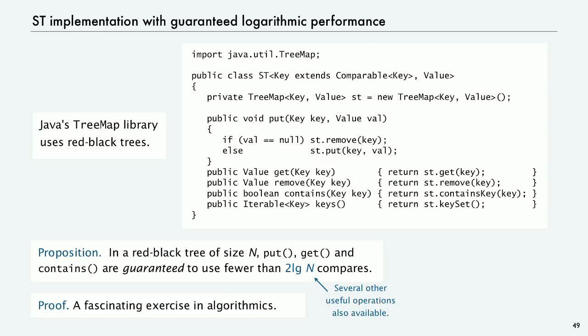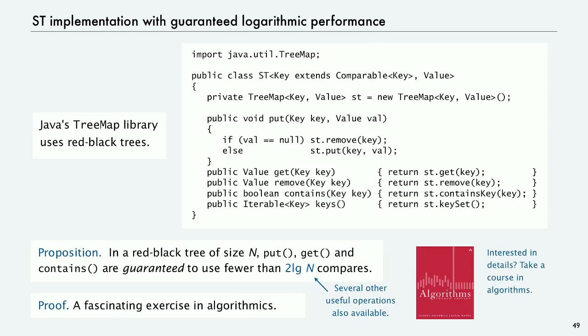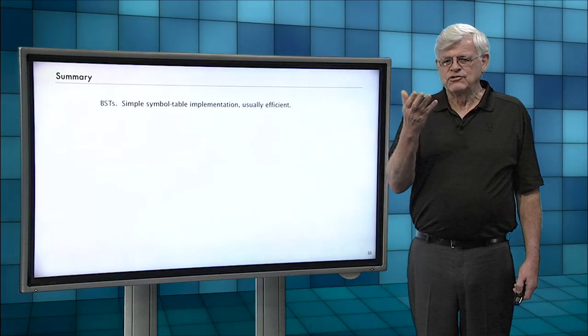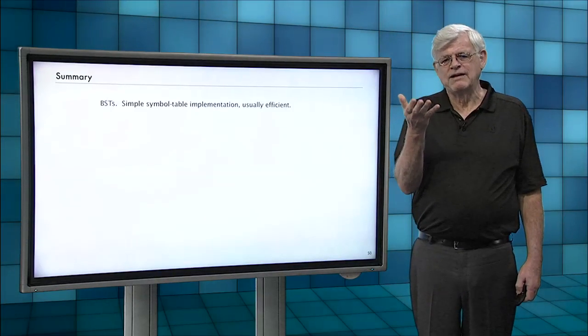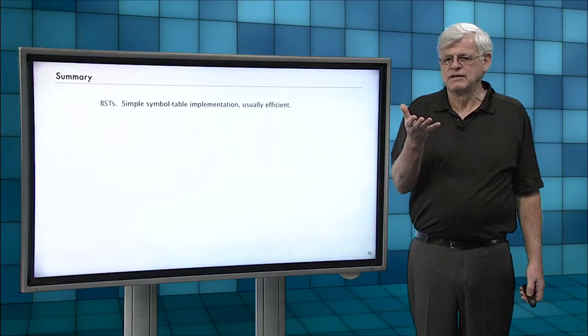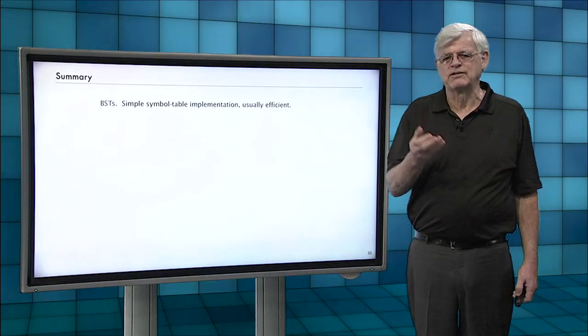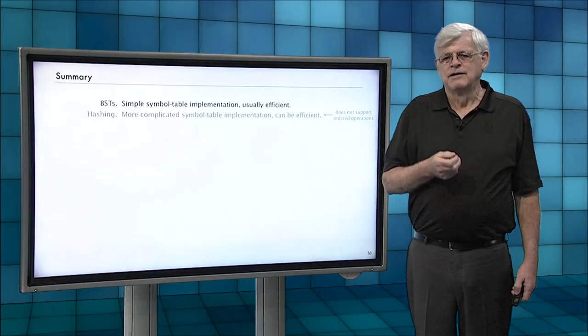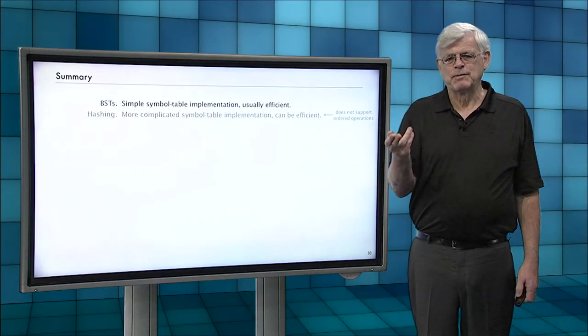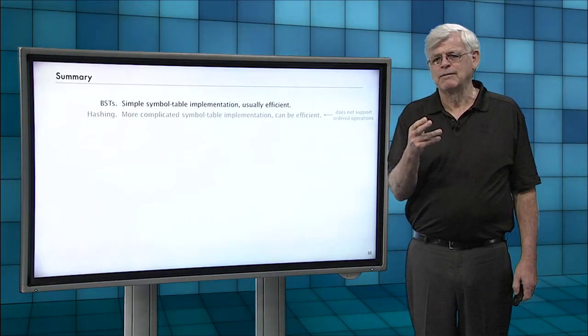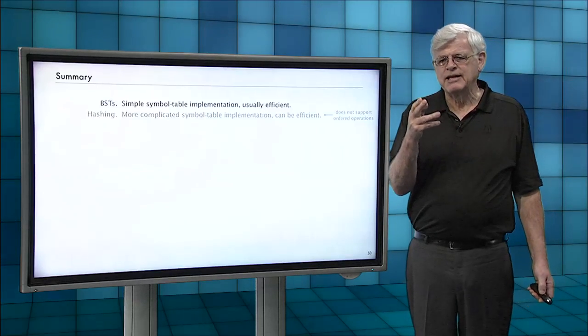So proving this is definitely stuff for an algorithms course, and you'll certainly learn that if you take an algorithms course. But our summary is, we have with BSTs a pretty simple symbol table implementation that's usually efficient. There's an alternative that we haven't talked about called hashing, which is a bit more complicated, and it can be efficient.